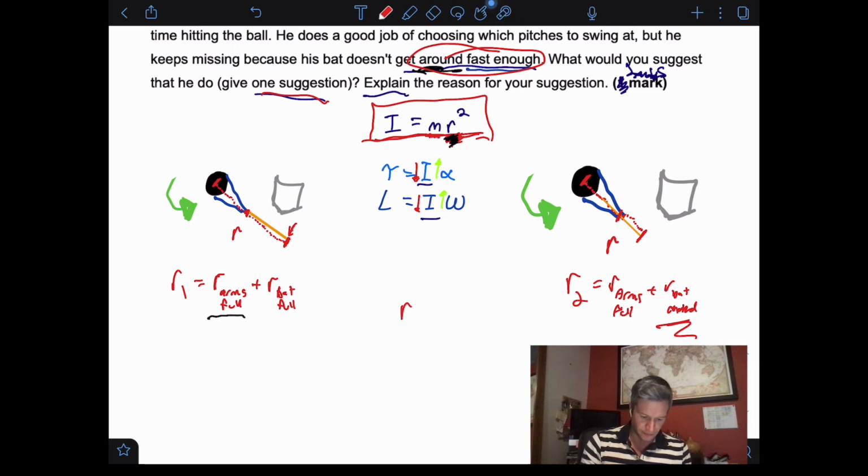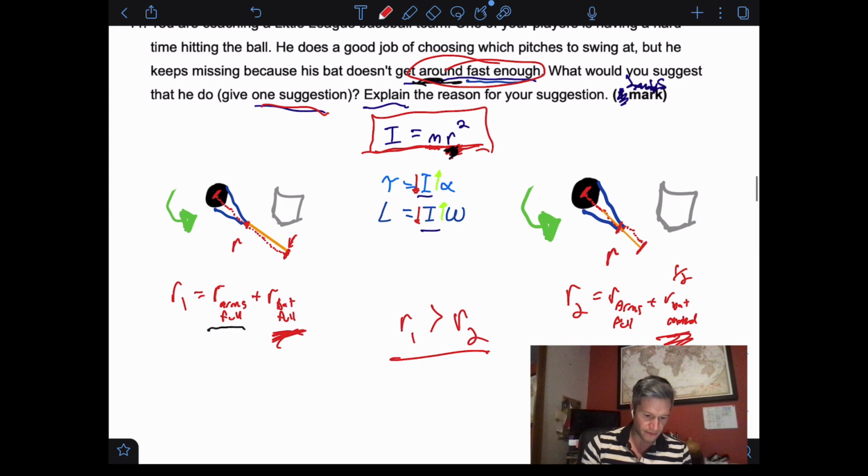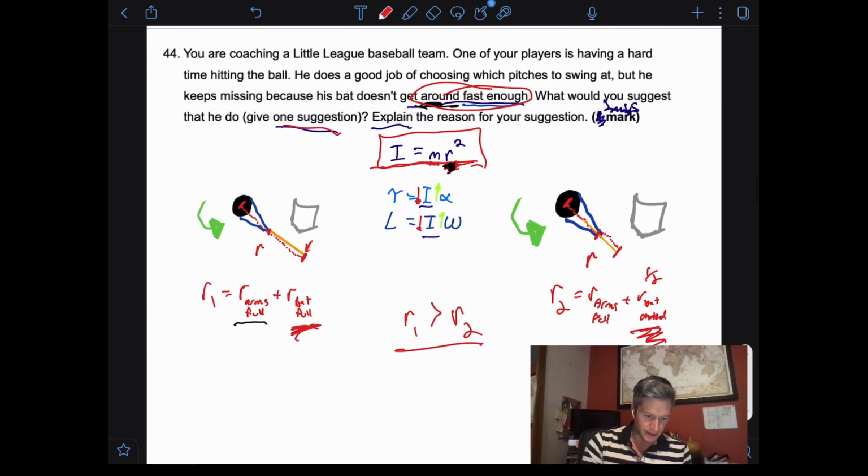The total R in scenario 1 is a lot greater because the bat's at full length, whereas here it's like half bat.